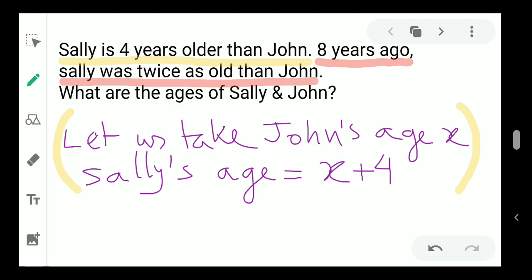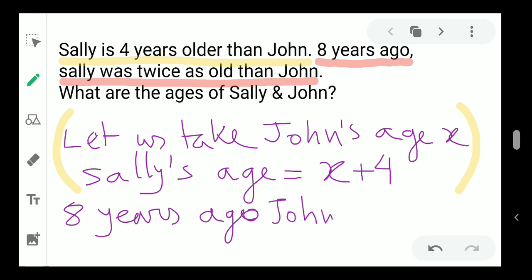So 8 years ago I have to calculate both of their ages. 8 years ago John's age is X minus 8, because it is 8 years ago, so John's age will be smaller.